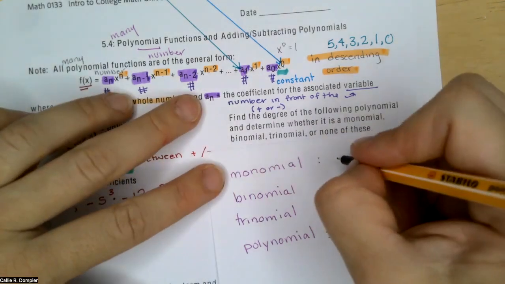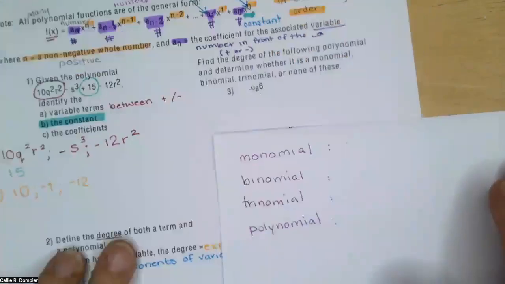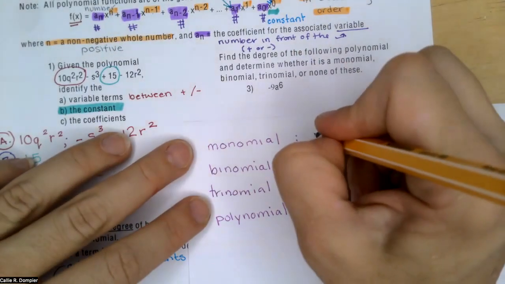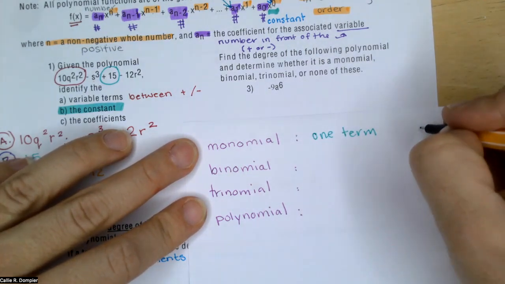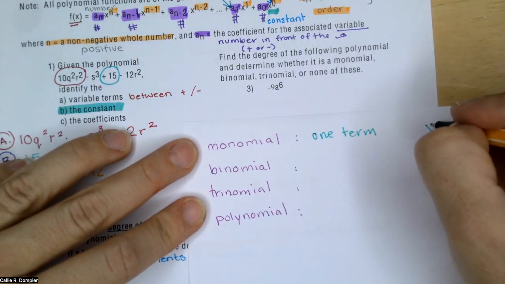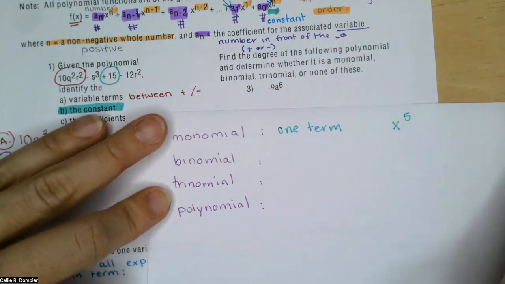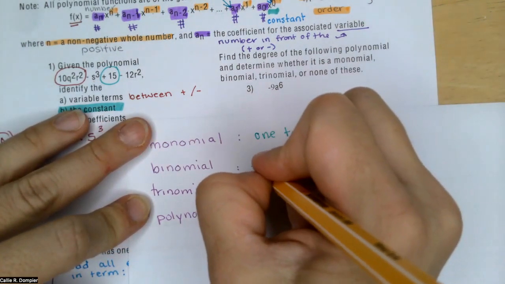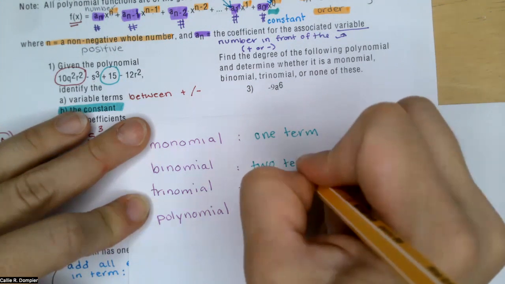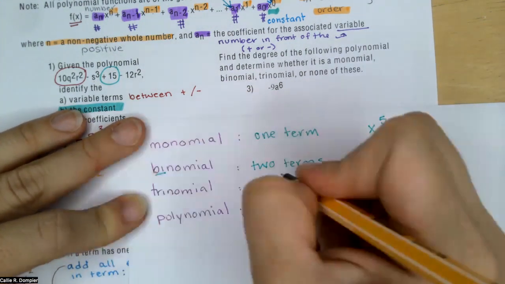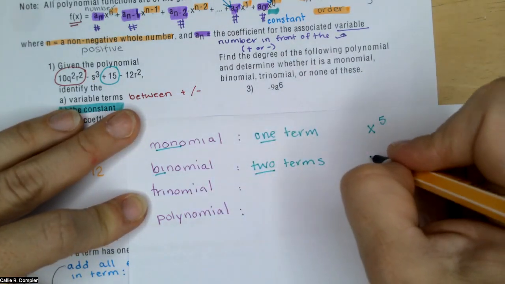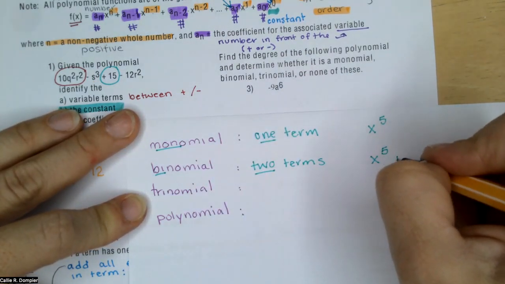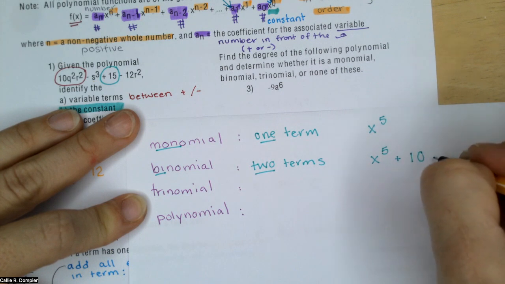Okay. A monomial has one term, such as x to the 5th. A binomial has 2 terms. Bi means 2, mon 1. So x to the 5th plus 10xy.